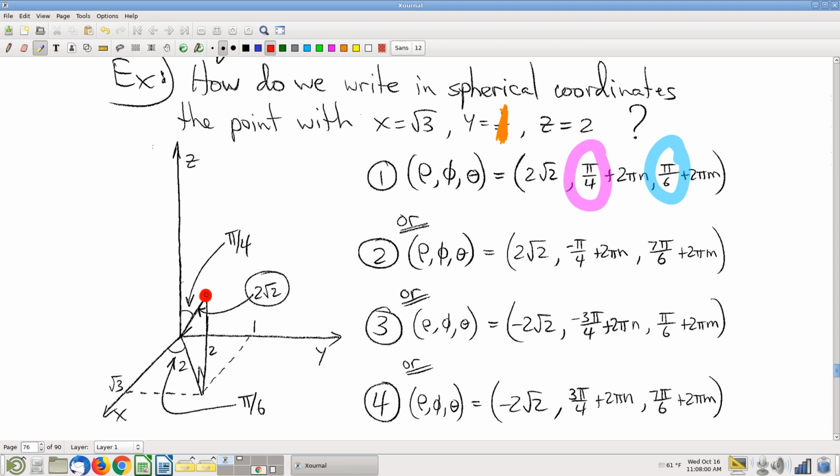Here we go. That distance, easily computed from the several right triangles, is 2 square root of 2. So that's one option. That's sort of the nicest option for how to describe that in spherical coordinates.